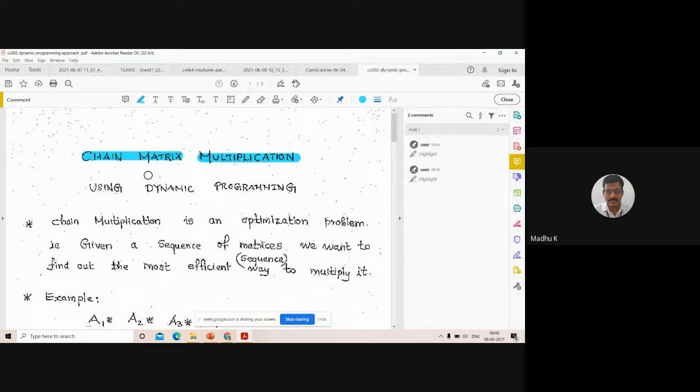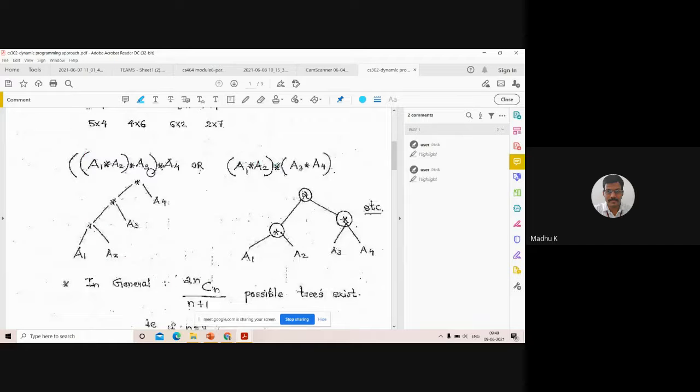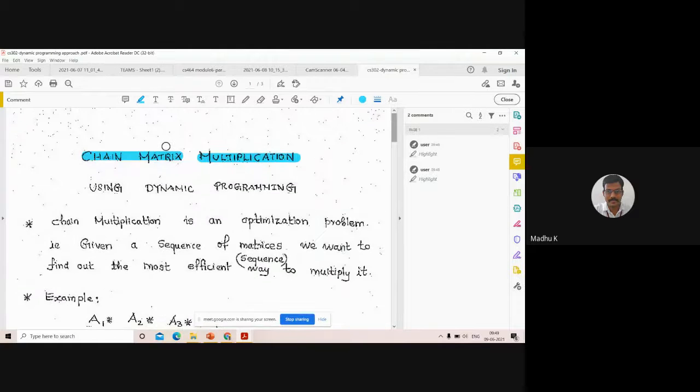That is matrix multiplication. We know how to multiply two matrices, but we want to multiply 10 matrices or a lot of matrices one by one. That situation is called chain matrix multiplication.